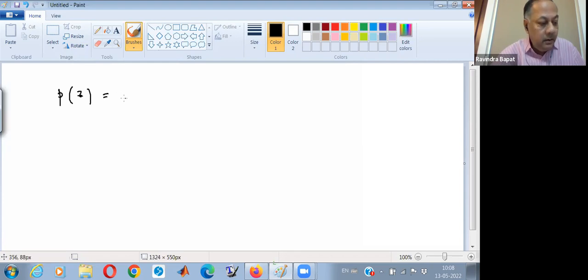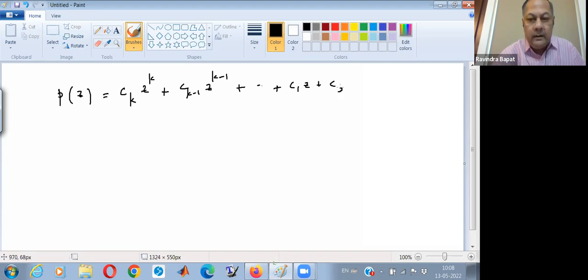Z, suppose it's a degree K polynomial, Ck Z to the K plus Ck minus 1 and so on, plus C1 Z plus C0, where C1, C2, Ck are complex, then I can evaluate this polynomial at a square matrix.